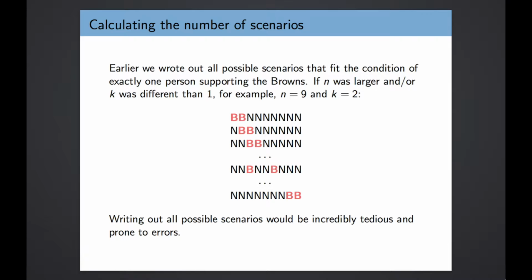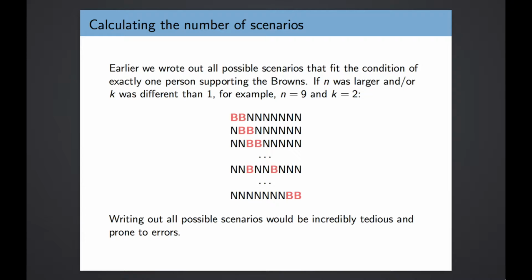In a binomial distribution, we want to know all of the possible scenarios in which the condition that we're looking for could occur. So in the example that we were just looking at, the condition we were looking for was exactly one person out of 4 people surveyed saying that they supported the Browns. So we found out that the number of scenarios in which that could happen was 4.